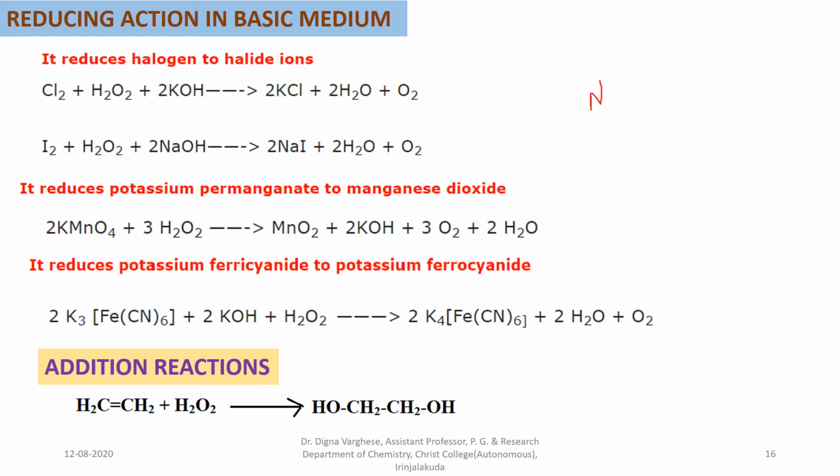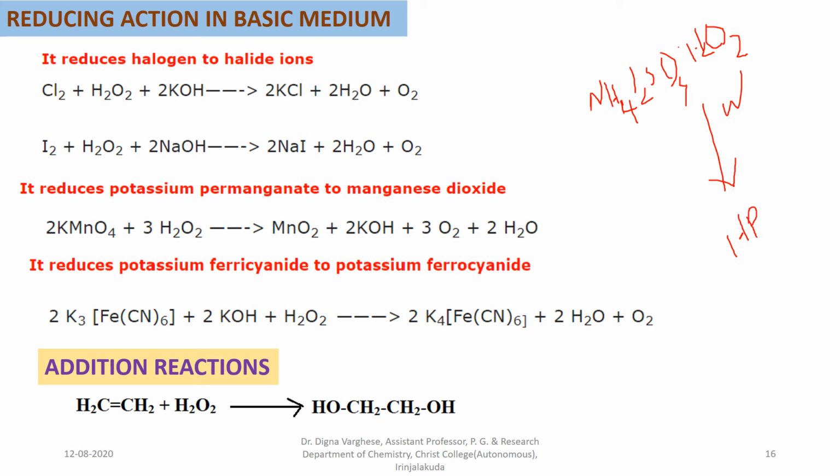For example, ammonium sulfate, (NH4)2SO4, forms an adduct with hydrogen peroxide, that is (NH4)2SO4 with H2O2, which on reaction with water will give hydrogen peroxide.